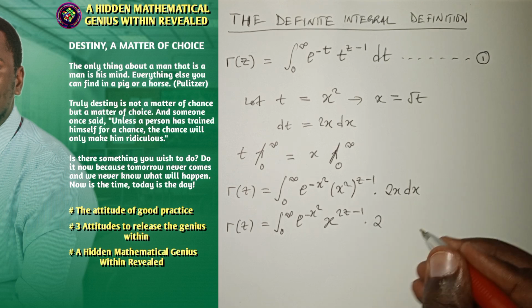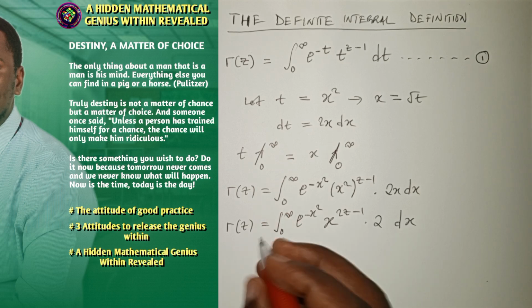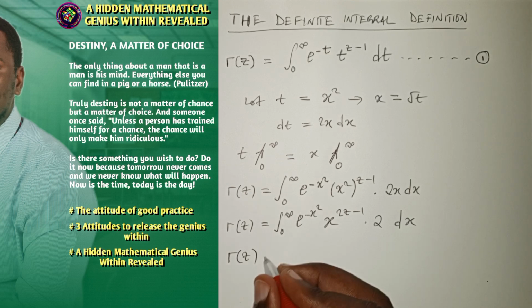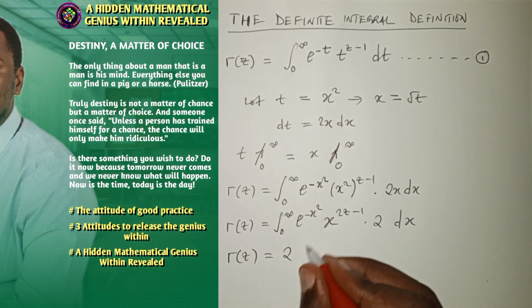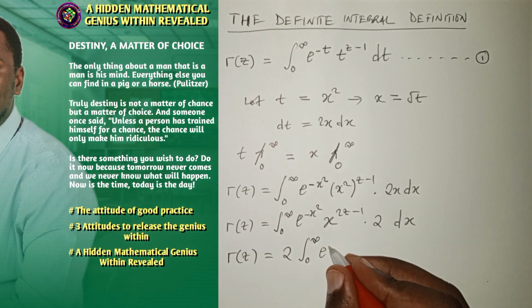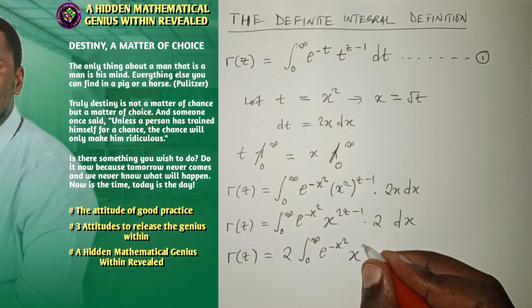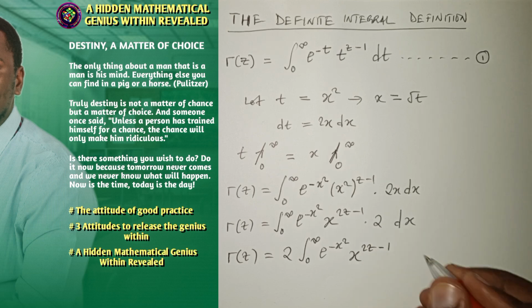Then there is a 2 this side, then dx. So this 2 can come to the front. Therefore gamma of z is equal to 2 integral from 0 to infinity of e to the minus x squared, then x to the power 2z minus 1 dx.